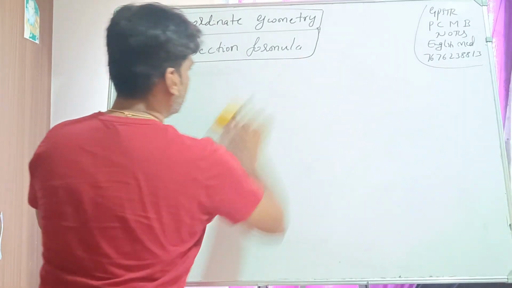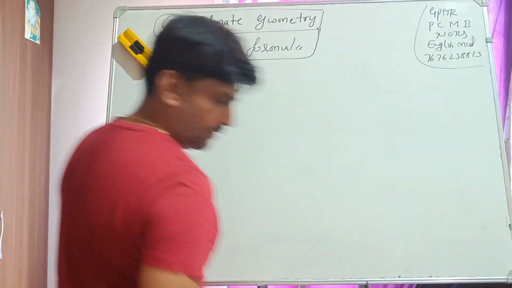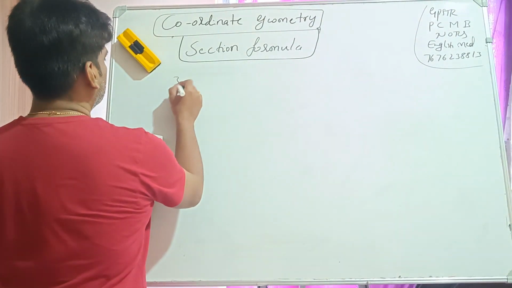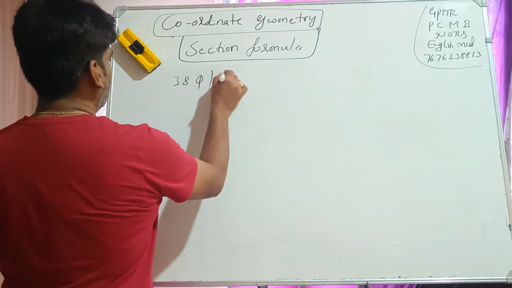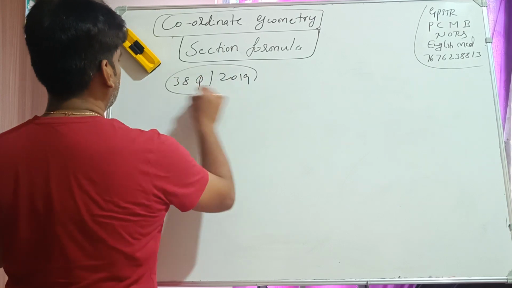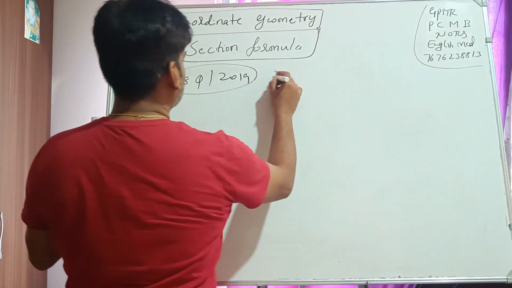And we'll see how a question paper problem appeared in the 38th question in 2019 GPSTR, right? It is asked for 2 marks.